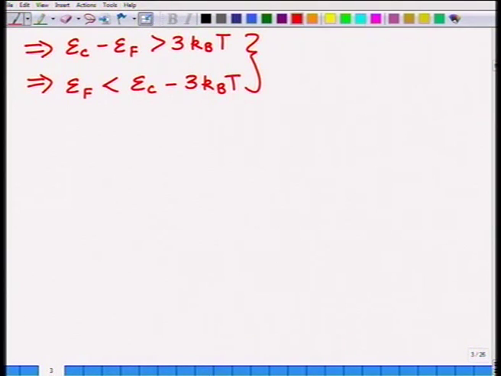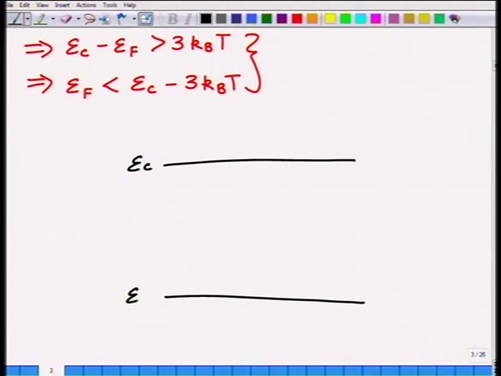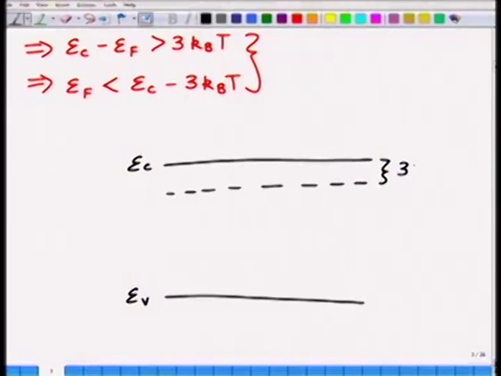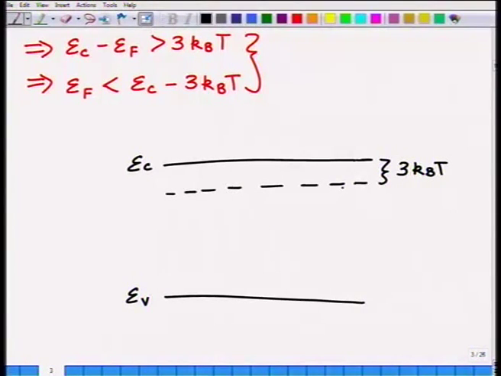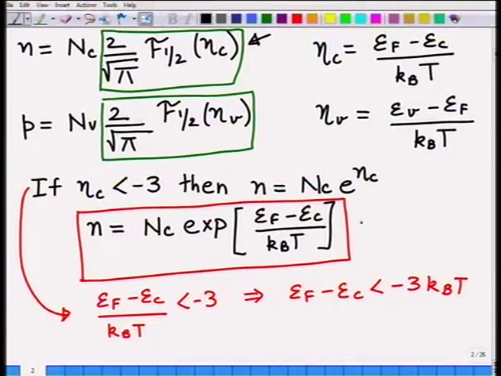If I plot this band diagram as follows, this is E_c and this is E_v. As long as the Fermi energy lies 3 k_B T below E_c, then this approximation can be used, and n will be given by this.